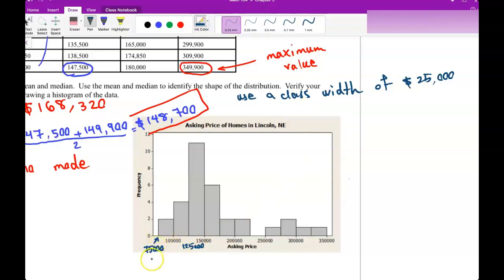It's the starting point, so it's the lower class limit.